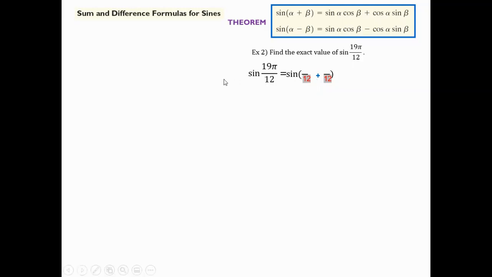Figure out what are the two good numbers. Well, 19, what are my two good numbers with 19? Well, I'm going to start with 13 and 6. There are a bunch of different numbers, but you've got to be smart about it. You're not going to go 1 and 18, because 1 is not going to work well. So I just started out throwing random numbers. 13 over 12 is really not a special number. 6 is good, but 13 is not going to be good. So I go down my list, and 4 is good. 4/12 is 1/3.